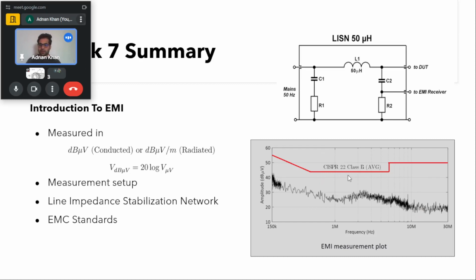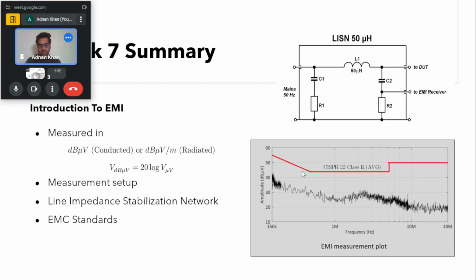Like I told, there are a number of standards for this EMI compatibility, and these converters should be able to meet those standards. One such standard is the CISPR 22 class B standard.